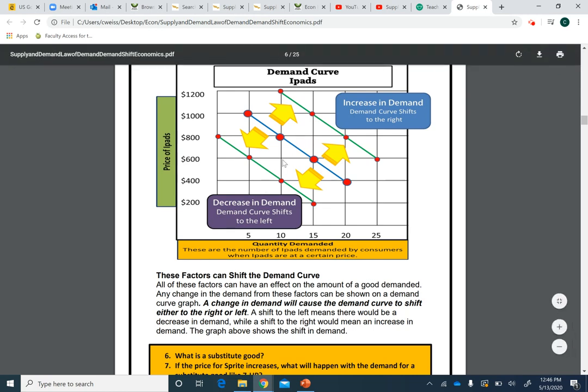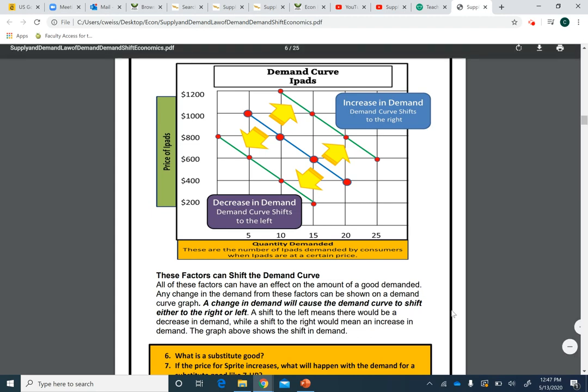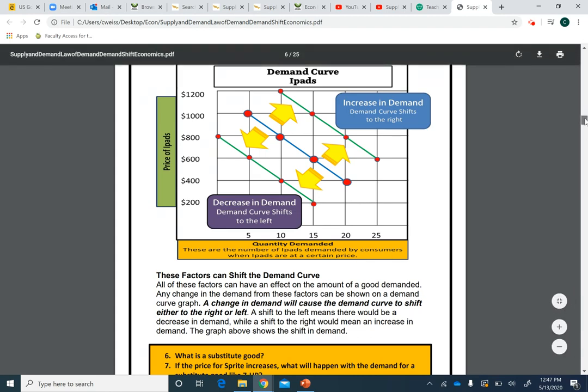If it shifts to the left, it would be a decrease in demand. If it shifts to the right, then it's going to be an increase in demand. And when we do that, we're looking at the price related to the amount demanded. Okay, let's see.